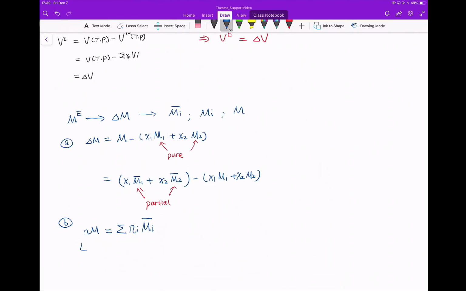From that equation, if we divide both sides by N, this is Mi over the total number of moles, which is xi Mi partial.